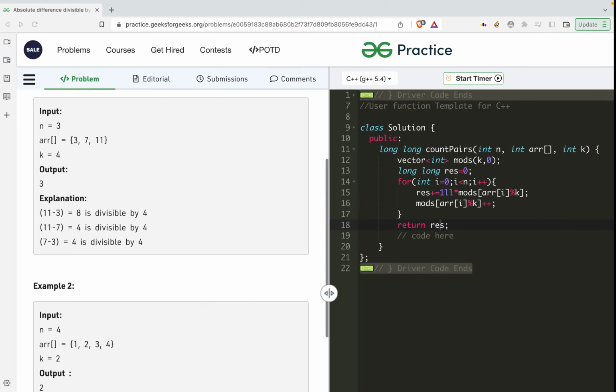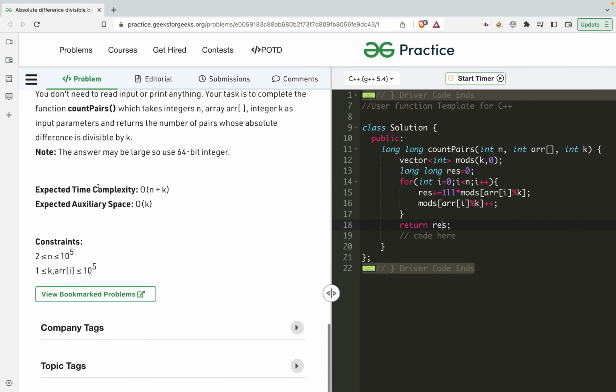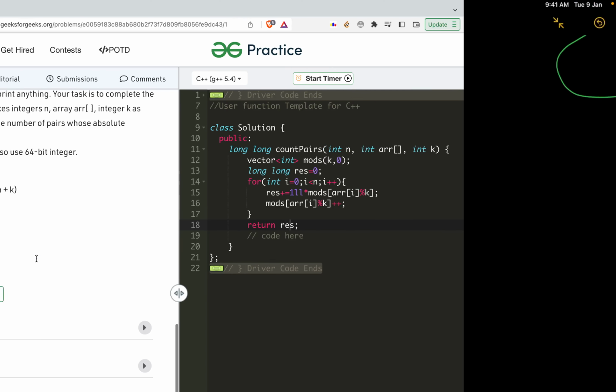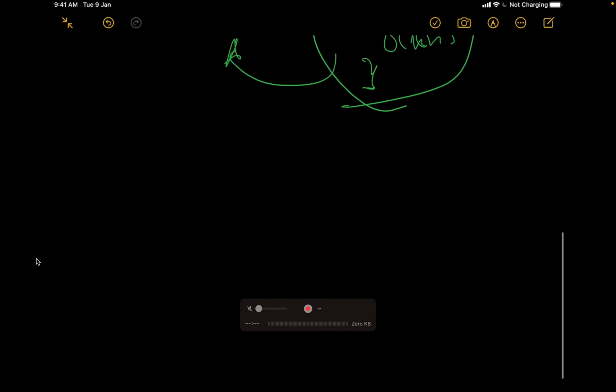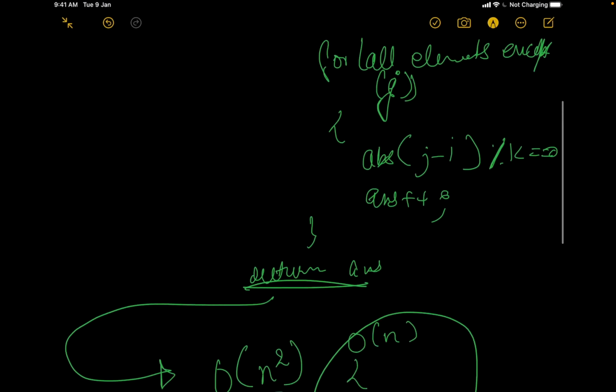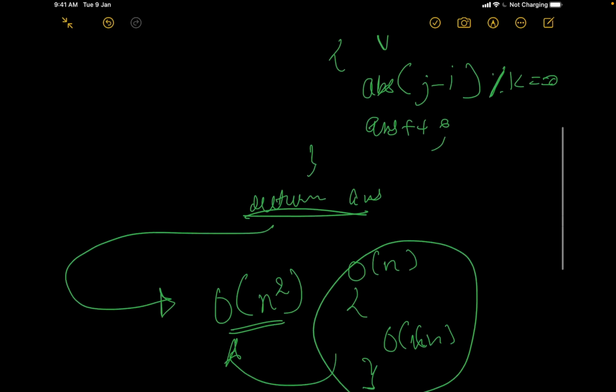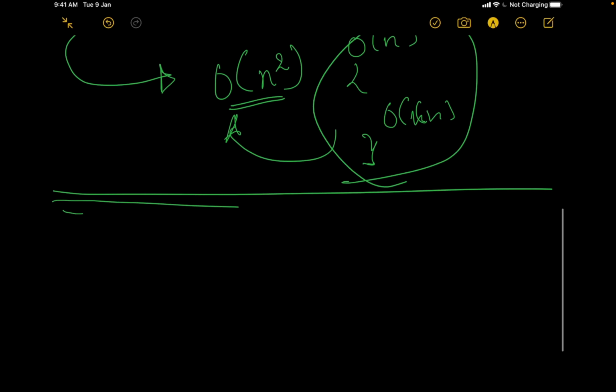Let's see in the question. They have mentioned that the expected time complexity is order of n plus k. So no, this is not going to work. Also the constraints are set such that order of n square would give us a TLE. So this is not going to work, although the answer would have been valid, it's going to give us a TLE and it's not the optimal approach.